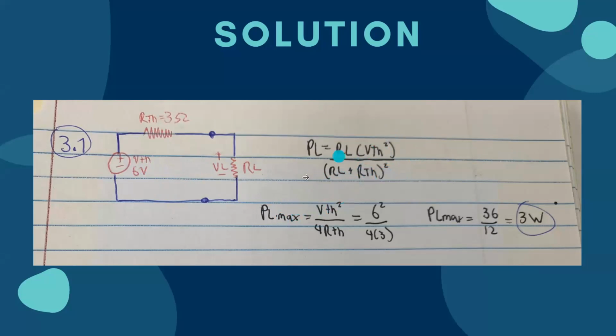When simplifying this formula, the maximum power will be the Thevenin voltage squared divided by 4 times the Thevenin resistance. Substituting the values, we have 6 squared divided by 4 multiplied by 3, which gives us that the maximum power we can have is 3 watts.